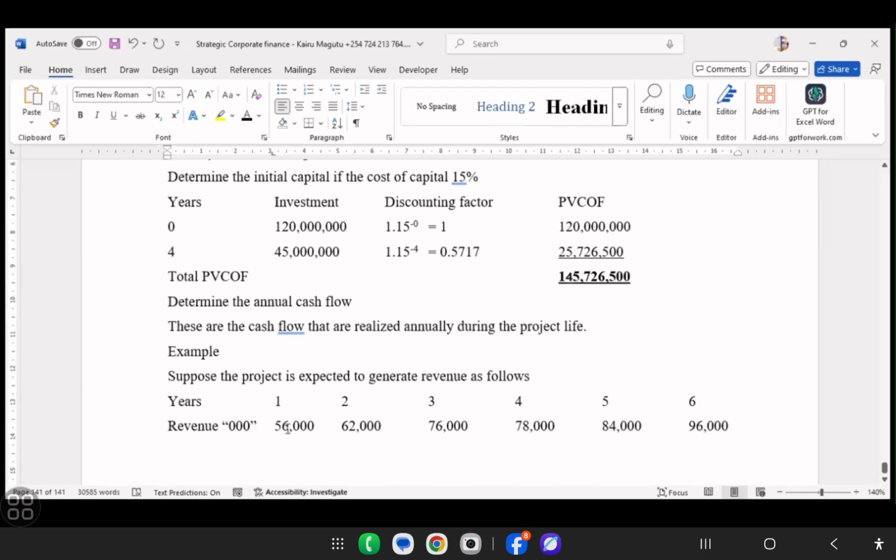Actually, I should have given a bigger figure. Let me give it this way so that we can have it well.